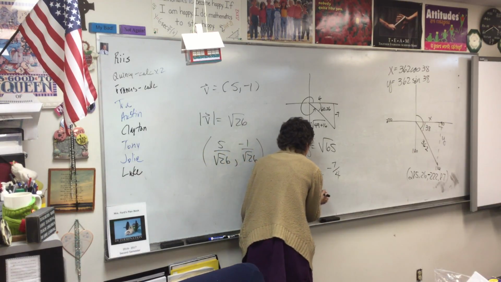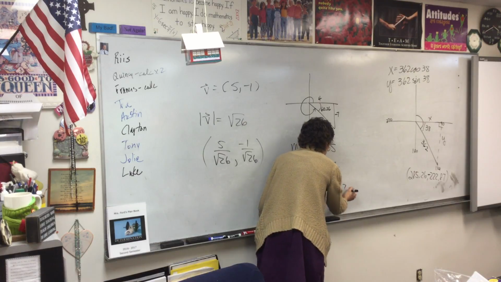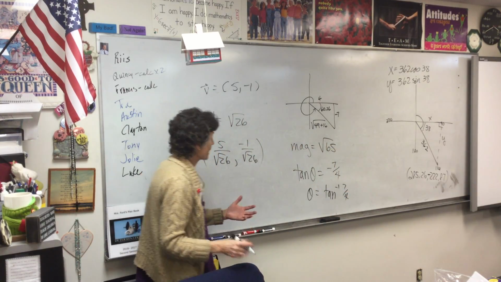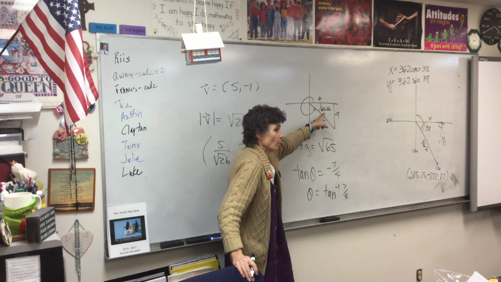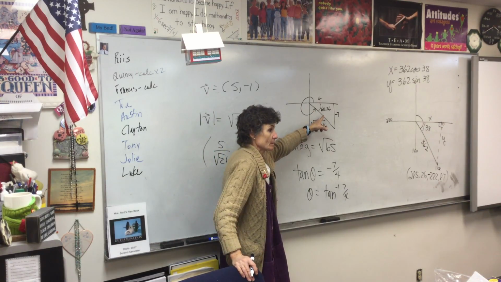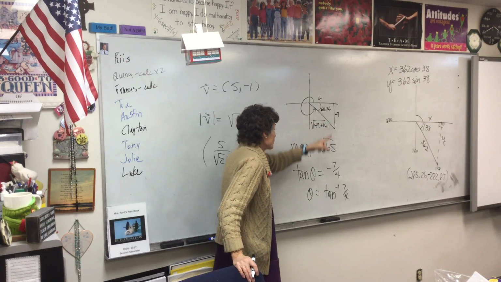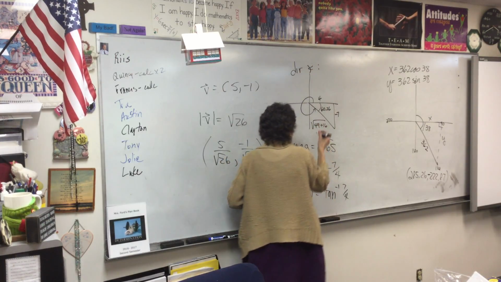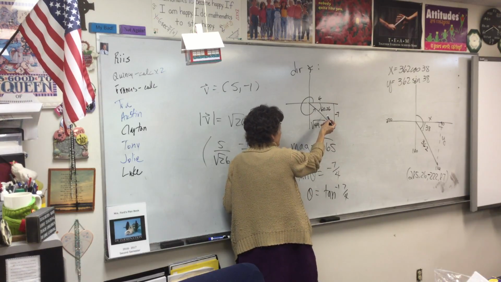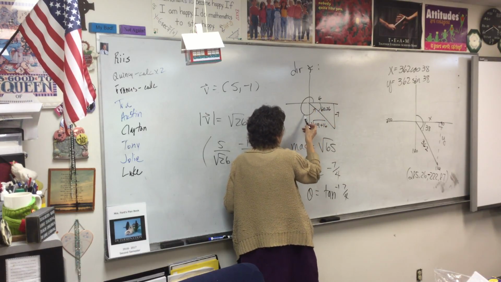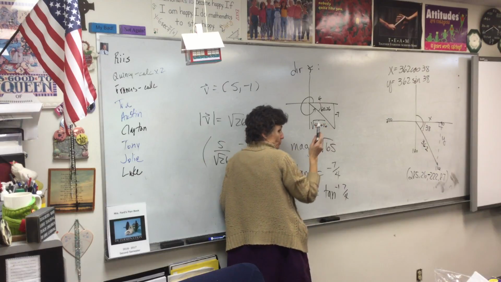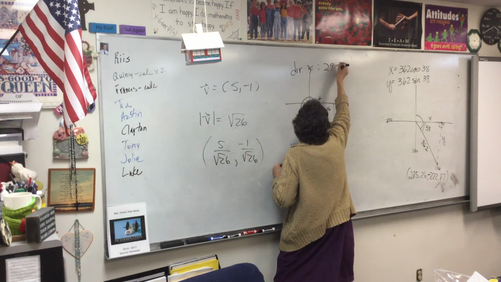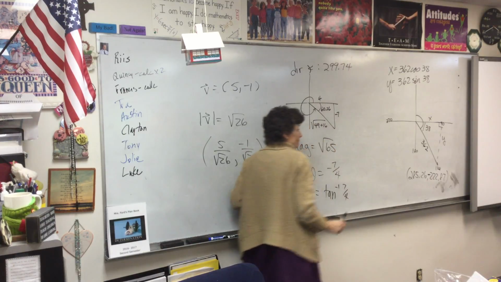Inverse tangent. Now, I dropped the negative. You're free to keep it if you want. I need to know that angle, 60.26. So then what is going to be the actual direction angle? Not 60.26. It will be 360 minus that, which is 299.74. Very good.